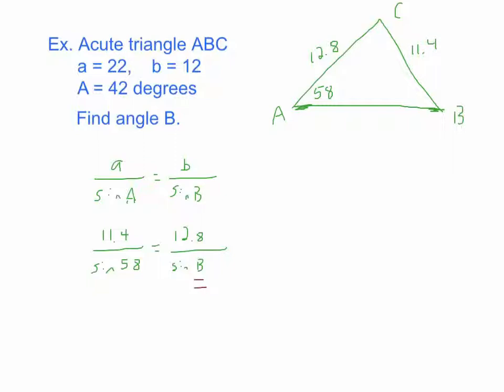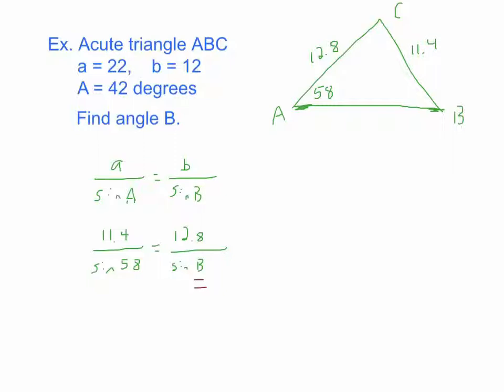Now, in a similar fashion to when we worked with solving trig equations, if we're going to ultimately solve for the angle B in this case, what we really need to do first is to get the sine of B all by itself. And we can accomplish that by perhaps cross-multiplying in this particular proportion to help us get to that point.